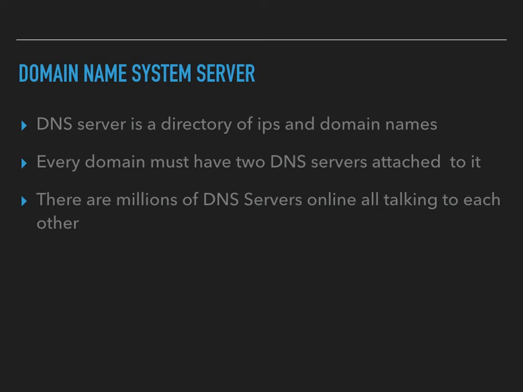So this is like the directory, or the golden pages of where is Ebits.ie. It looks down through its database, it finds it's on 123.456.789.123, and it knows that when I type in Ebits.ie, it's to go to that server with that IP address. Now, there's millions of DNS servers online, all talking to each other, because they update each other so that they know where all the websites are located.